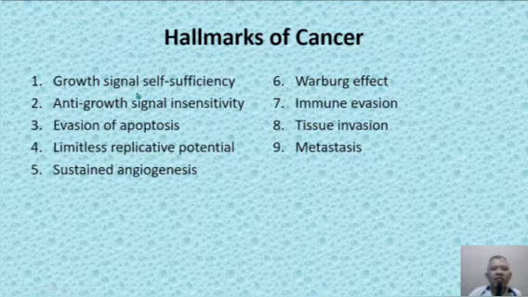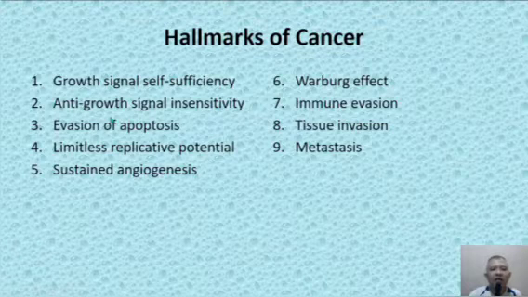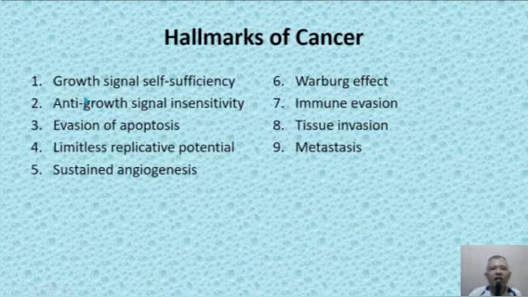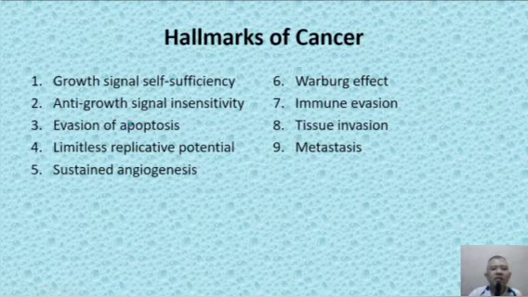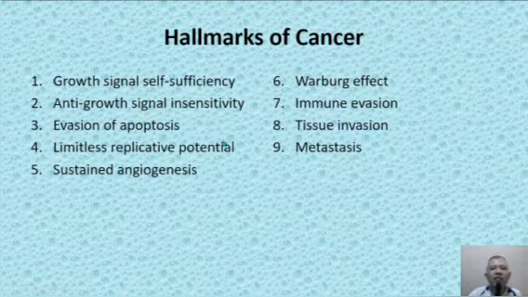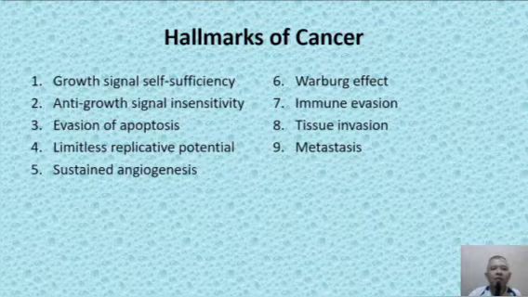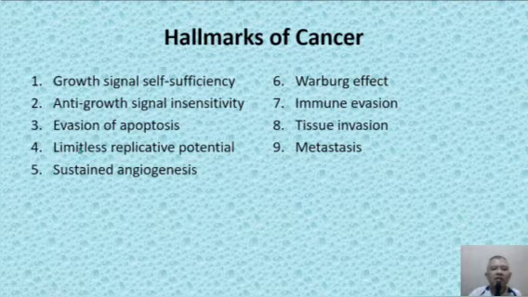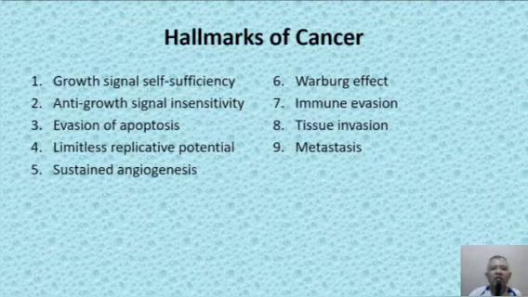Growth signal self-sufficiency, so, involving oncogenes; anti-growth signal insensitivity, involving the tumor suppressor genes; evasion of apoptosis, again by tumor suppressor genes; limitless replicative potential by stopping the function of telomeres. Remember telomeres, okay? Sustained angiogenesis by activation of the vascular endothelial growth factor receptor.